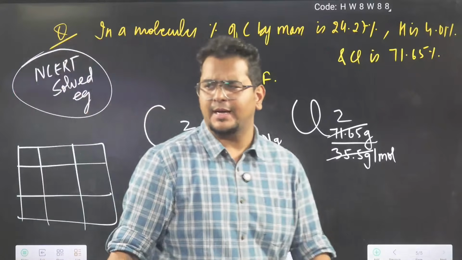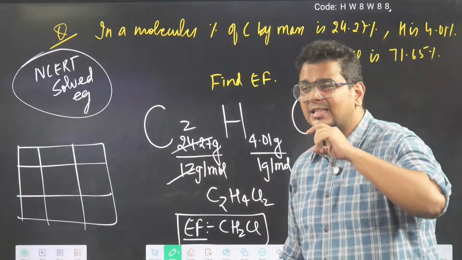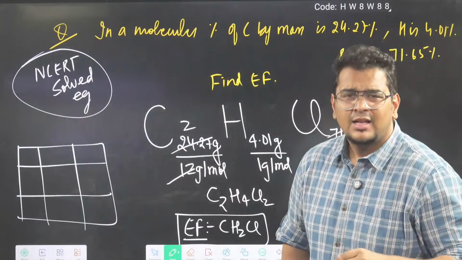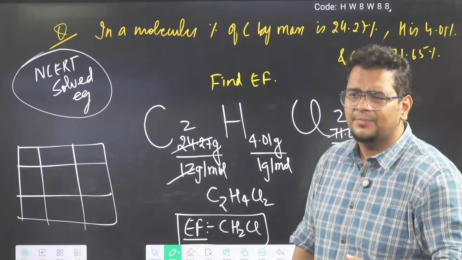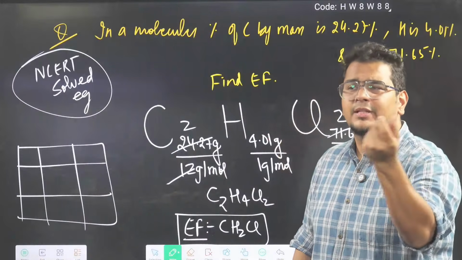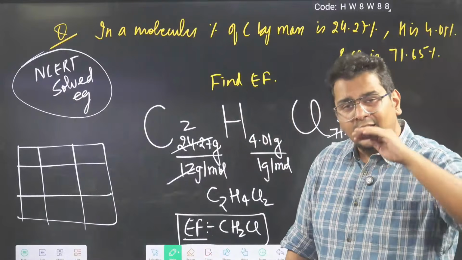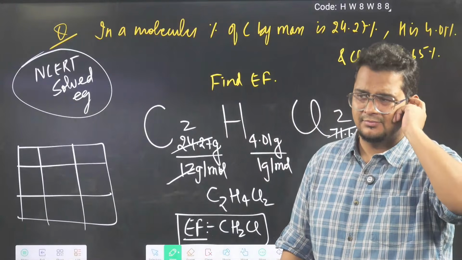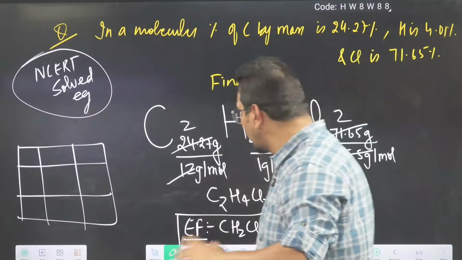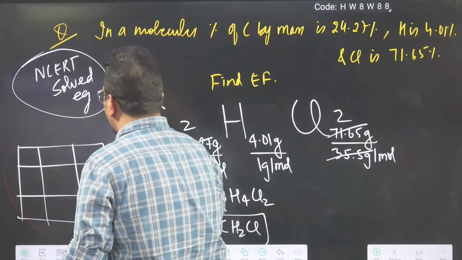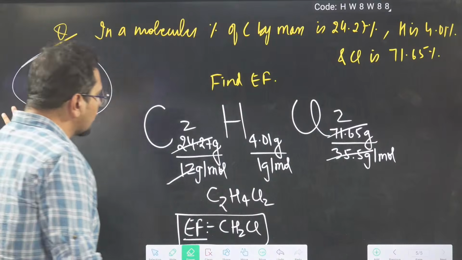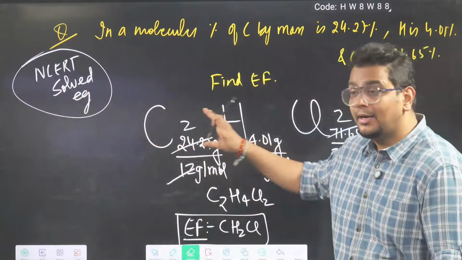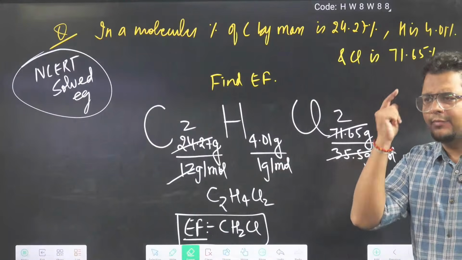I'm not against this method, but it has too much mathematics. Sometimes 0.5 will come, sometimes 0.25, sometimes 0.33. Then you have to divide all the numbers by the smallest number, then convert that into whole numbers. It requires more mathematics. For the mathematically challenged, it is better to solve like this. It will look lengthy, dirty, but the answer will come in one step.